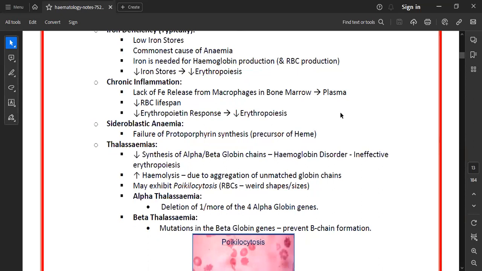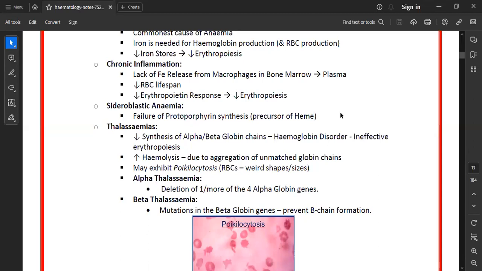Increased hemolysis, maybe due to aggregation of unmatched globin chains, means that the red blood cells formed will be flagged as not properly functional, meaning they will be destroyed by the spleen. So this increase in hemolysis will cause the high red blood cell turnover.